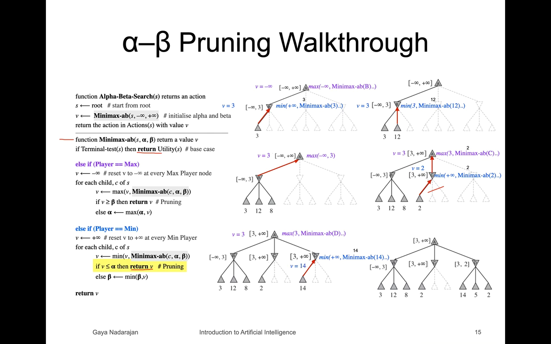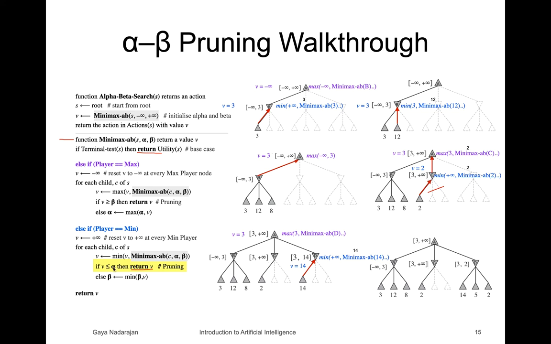So V will get that value, right? And then we're going to check, is V smaller than or equal to alpha? Oh, it's not, it's bigger. So we're not going to do that. And then we check beta. Beta is going to be the minimum between the current value of beta and 14. So yes, indeed, beta will take the value 14 because 14 is smaller than plus infinity. Okay, so beta has been updated.